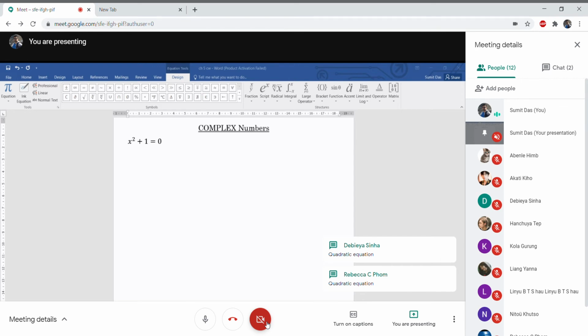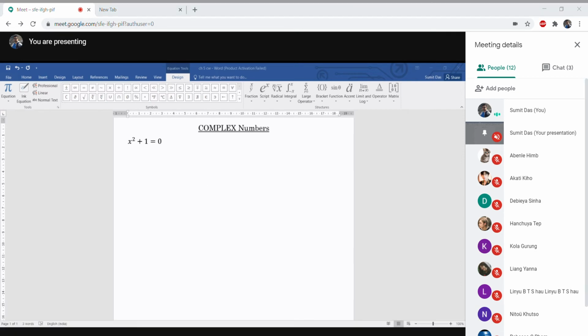Okay, quadratic equation. So if it is a quadratic equation, then we can solve this one. Yes or no? We can solve it in various ways, right? I'm solving it here in a very general, very easy way like this.